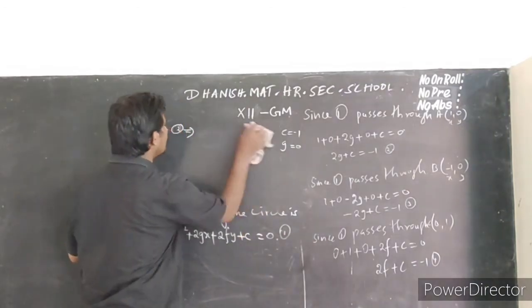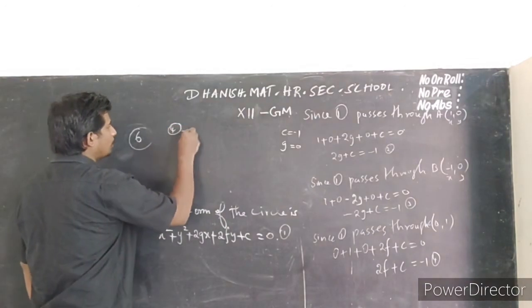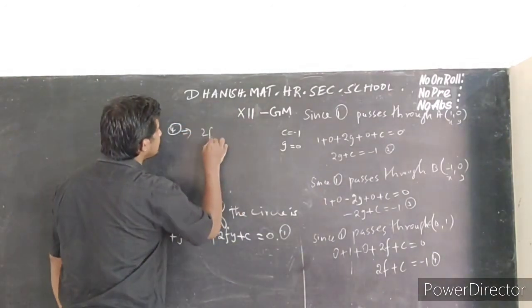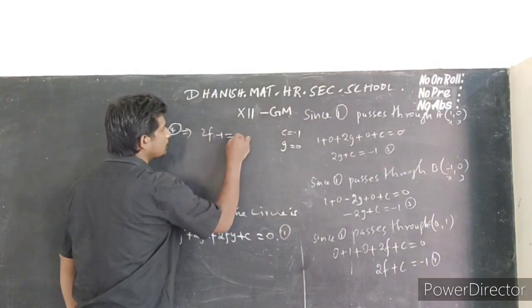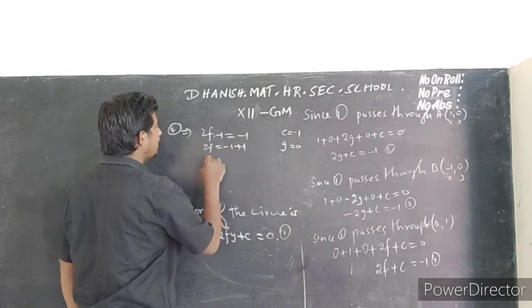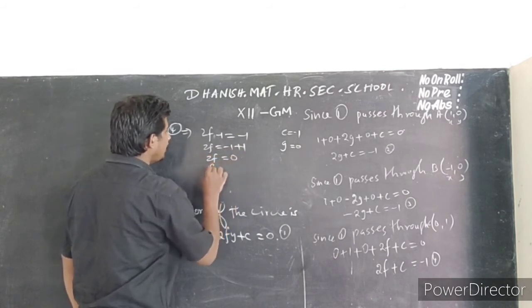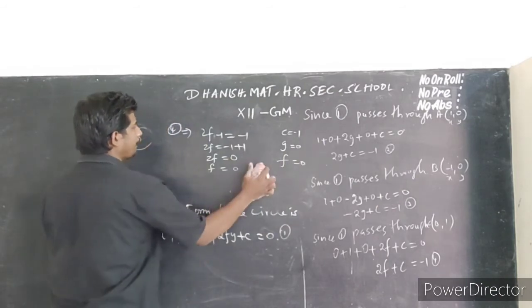Now I'm going to substitute c as minus 1 in equation number 4. So 2f plus c, instead of c I'm going to put minus 1, equal to minus 1. So 2f equal to minus 1 plus 1. 2f equal to 0. F equal to 0. We got our f as 0.